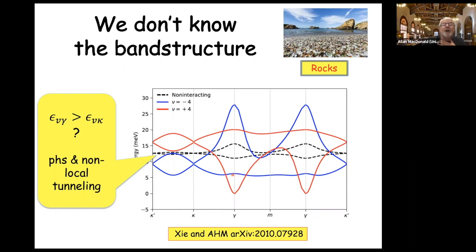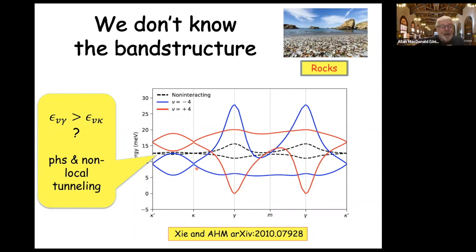And so are the states at gamma the lowest energy states, or are they at this point halfway between kappa and kappa prime? That has a big effect on many electronic properties.